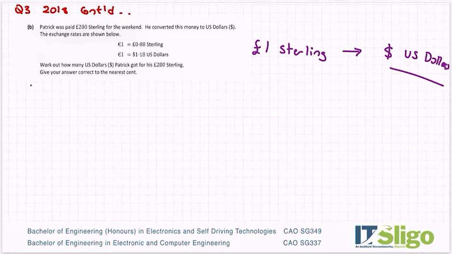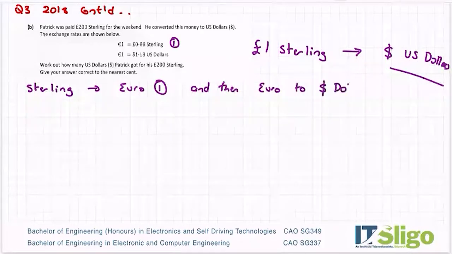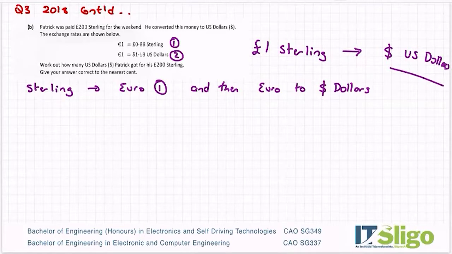Because we're starting with sterling, we're going to go from sterling to euro using the first exchange rate, and then from euro to US dollars using that second exchange rate. That's the plan. That's the way we're going to have to do it because of the information that we're given. So let's try that.